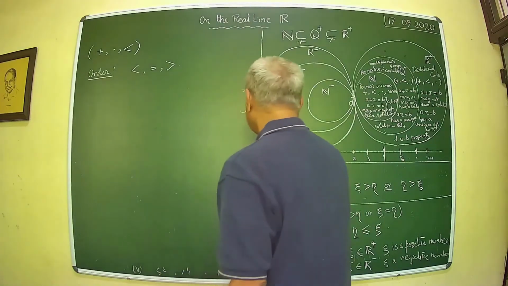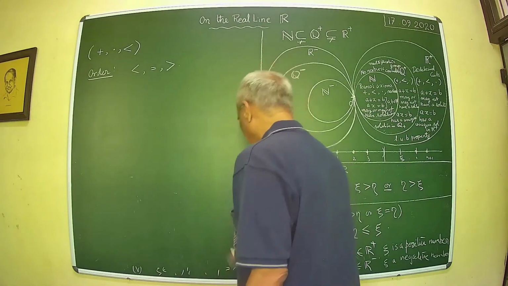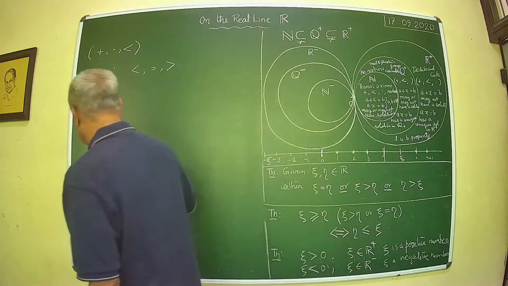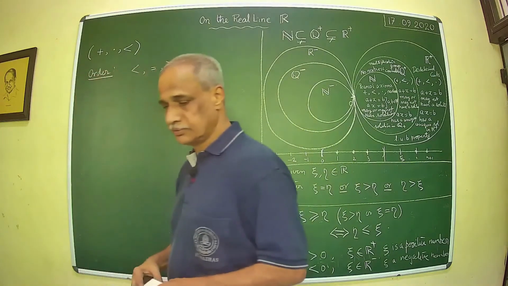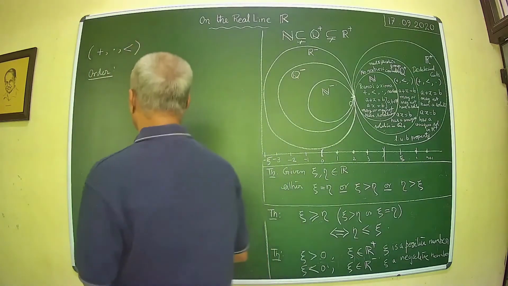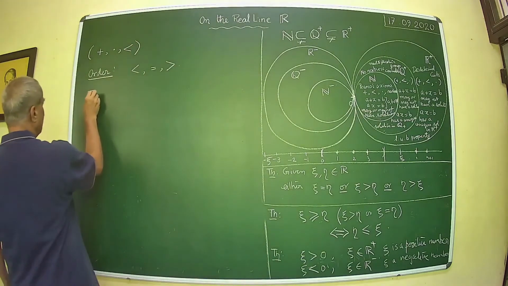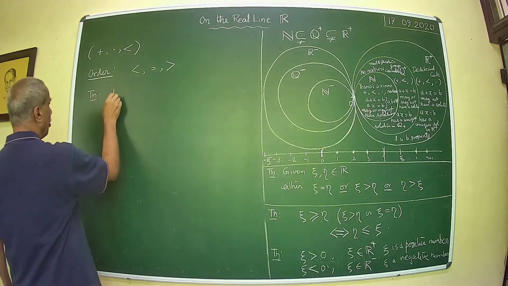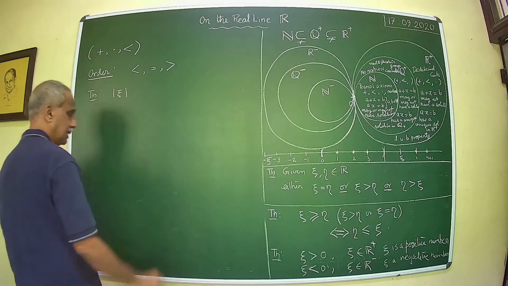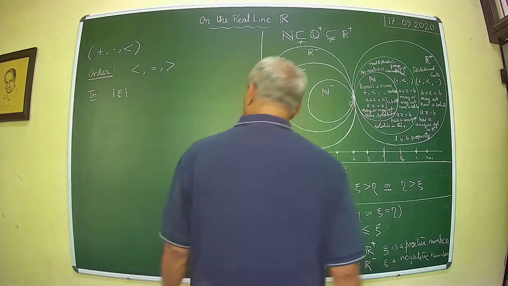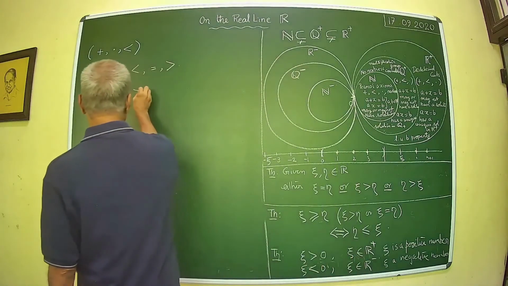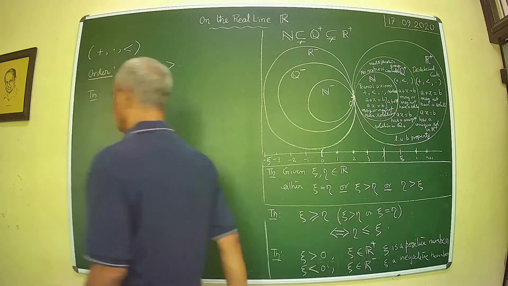All this needs an elaborate proof. Starting from the definition, one has to prove it. Now we also get the following: mod psi, no matter whether psi is positive or psi is negative, mod psi is always greater than or equal to 0.